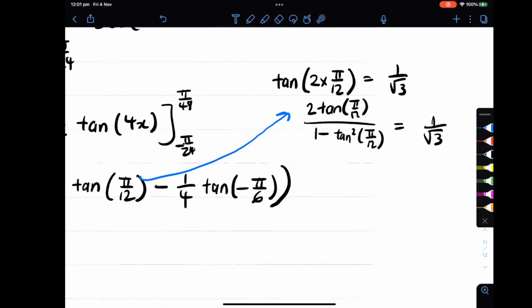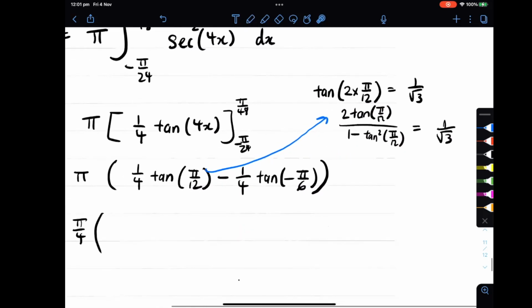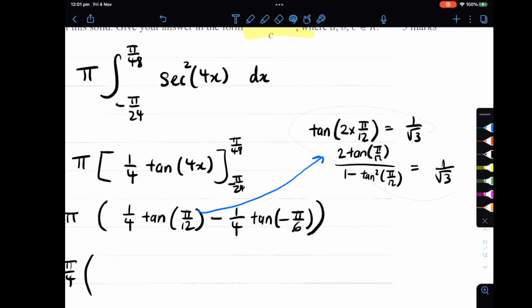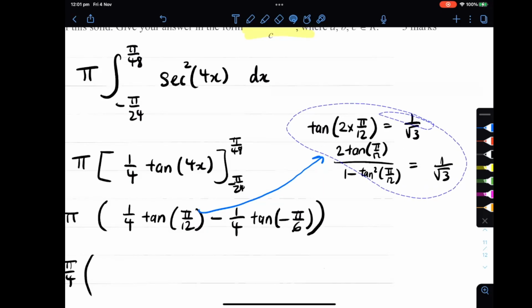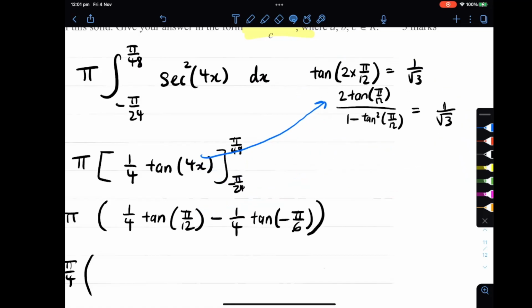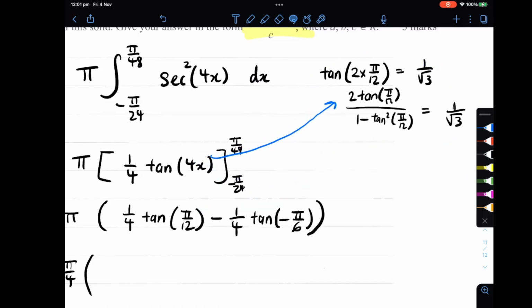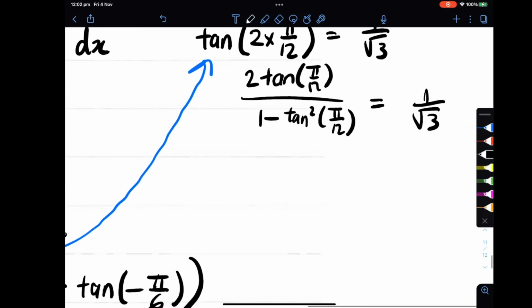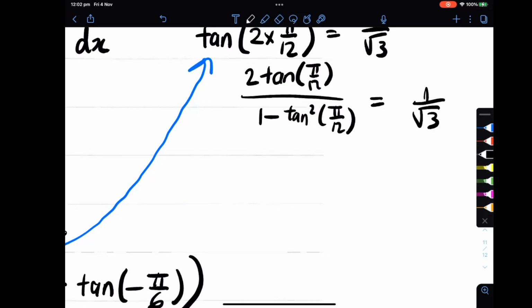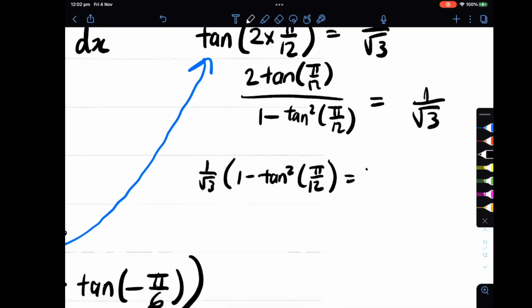I think that's easier. If we go ahead and solve, let's move it up a bit. I think that would be nicer. All right, and let's get rid of this. If we were to solve this, we're going to get this, right?